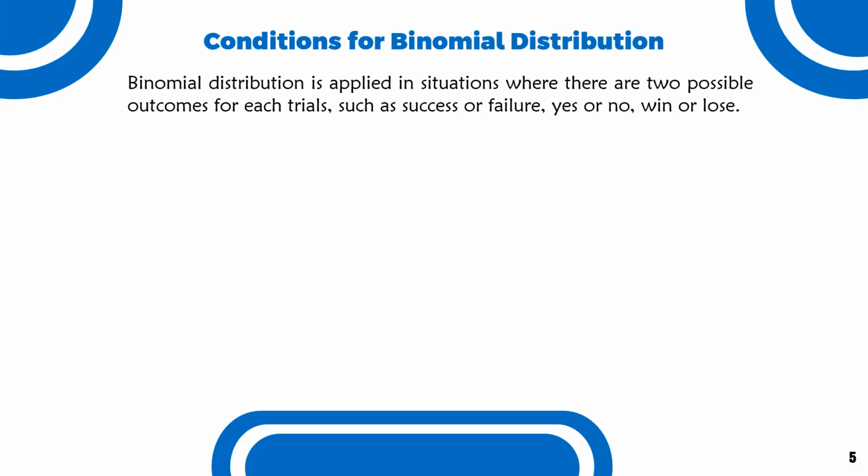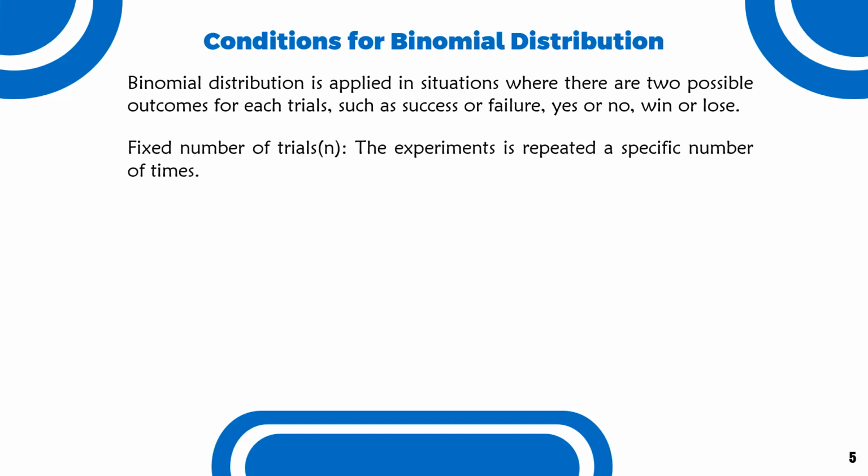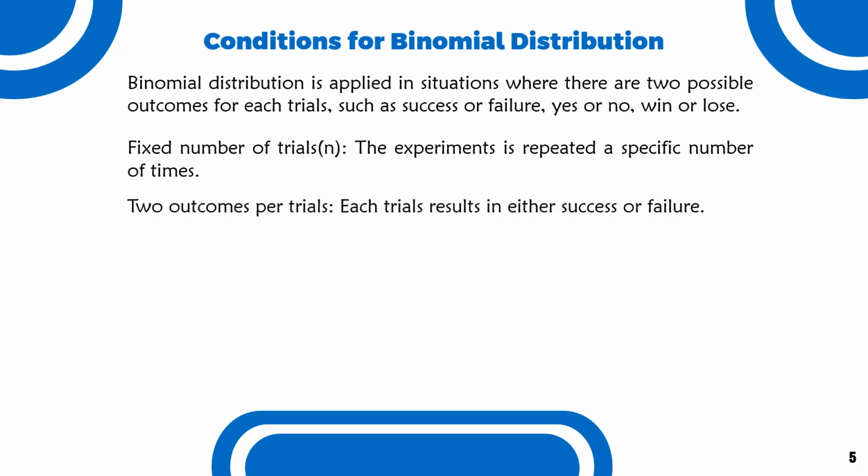Conditions for binomial distribution. Binomial distribution is applied in situations where there are two possible outcomes for each trial, such as success or failure, yes or no, win or loss. Fixed number of trials: the experiment is repeated a specific number of times. Two outcomes per trial: each trial results in either success or failure.